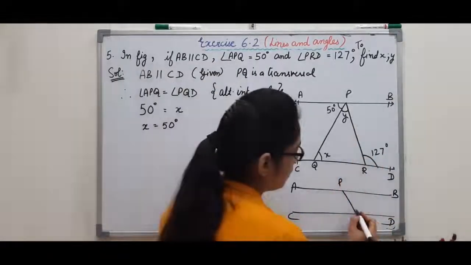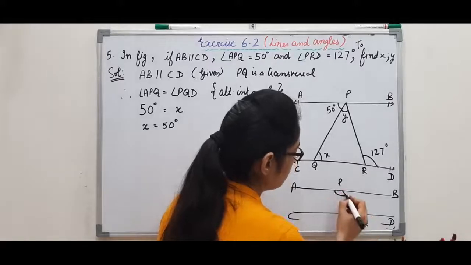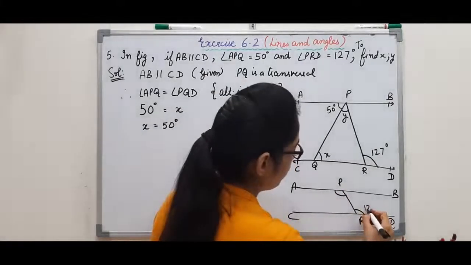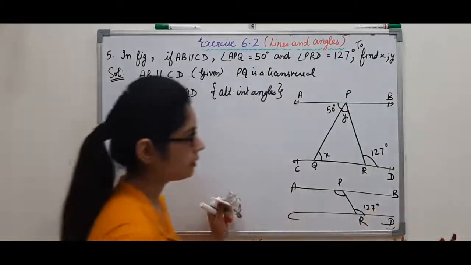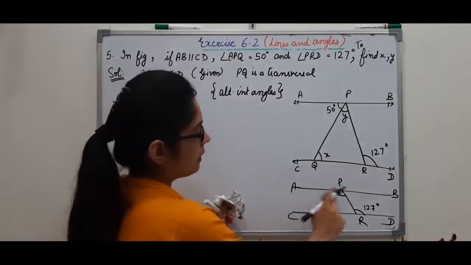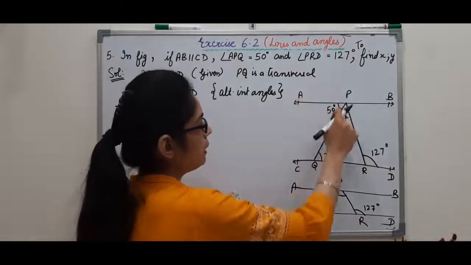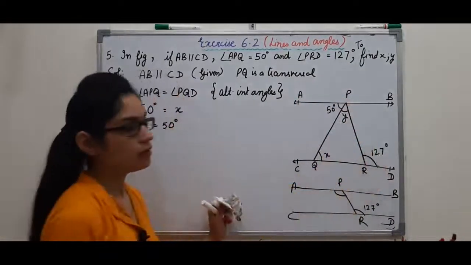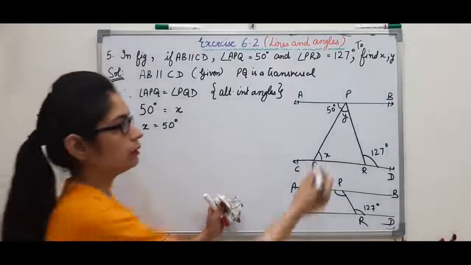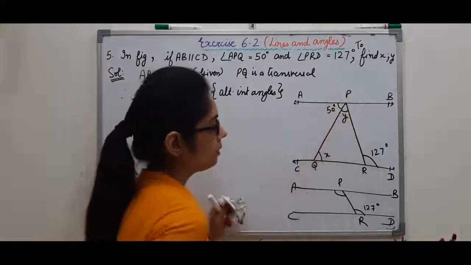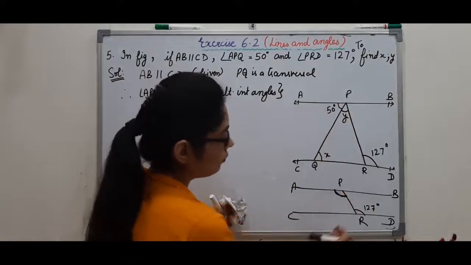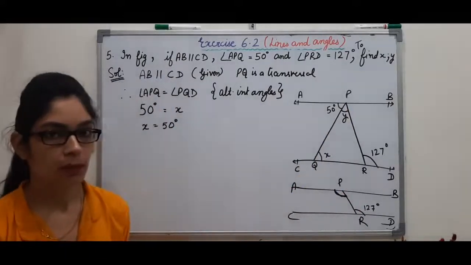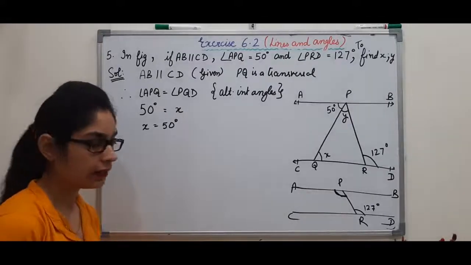Here this is one angle and this is one angle. This angle is PRD, which is already given to us as 127 degrees, and this angle APR, which is a sum of two angles, 50 plus Y. But from this figure, if we see these two angles, they are forming a pair of alternate interior angles.